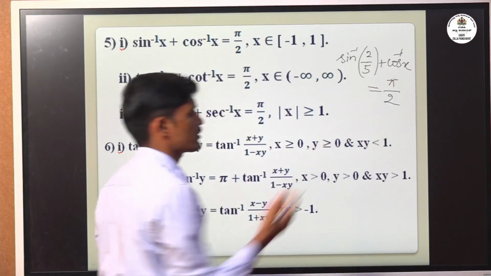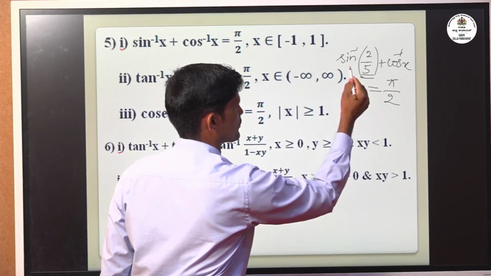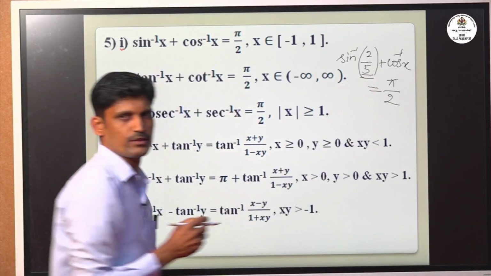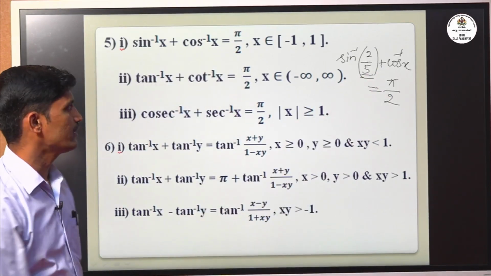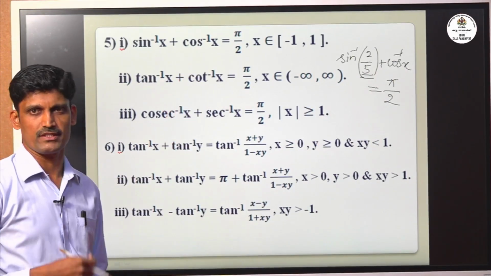This type of questions may be asked. Then we can directly say that x is equal to 2 by 5, because sin inverse x plus cos inverse x is pi by 2, therefore value of x must be 2 by 5. This type of questions may be framed from these properties directly.